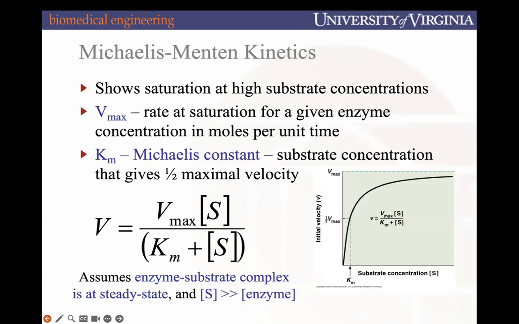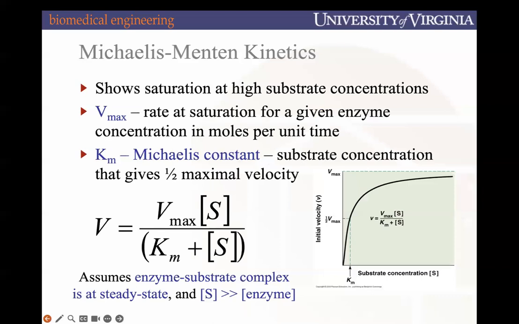The Michaelis-Menten model tries to show the saturation, or the quickest speed, at which these reactions would occur at high substrate concentrations. The way enzymes work is that an enzyme acts on a substrate to produce a product. The enzyme will find its substrate, what it typically reacts with, to catalyze the reaction to produce some sort of product.